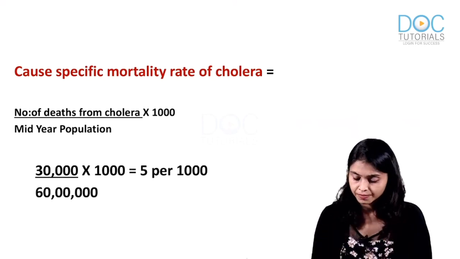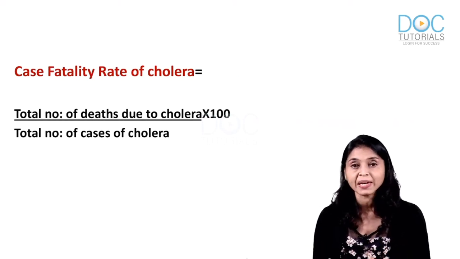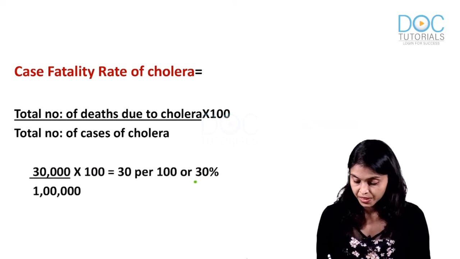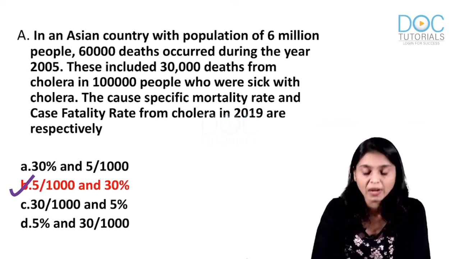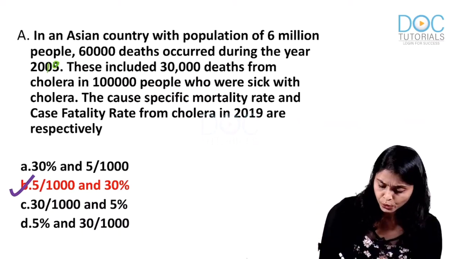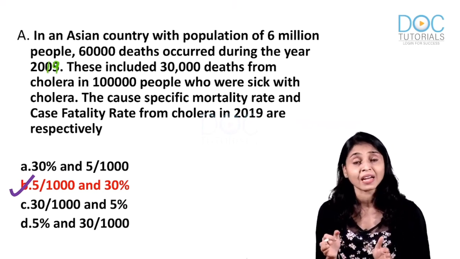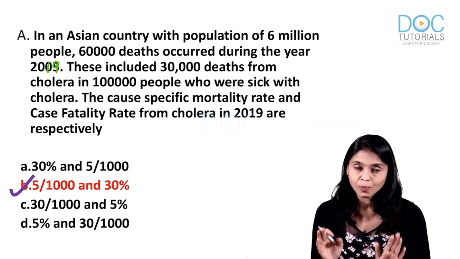Is it not? Yes. And case fatality rate is total number of cholera deaths divided by total number of cholera cases, which is 30%. So the answer is B, 5 per 1000 and 30%. I hope you will do it correctly. Even let me tell you, the question that you get will be easier than this. Hope you're with me.